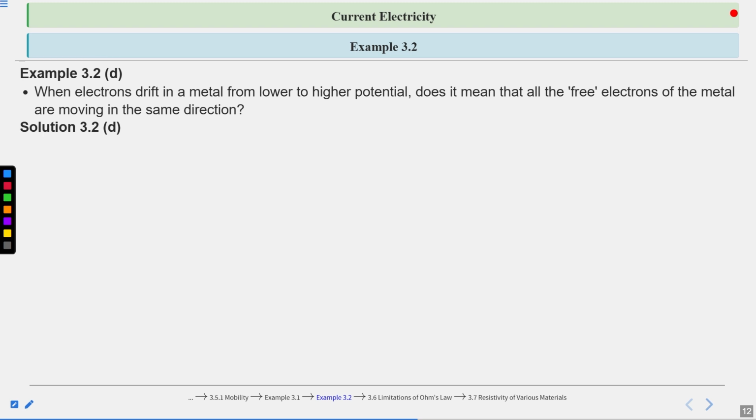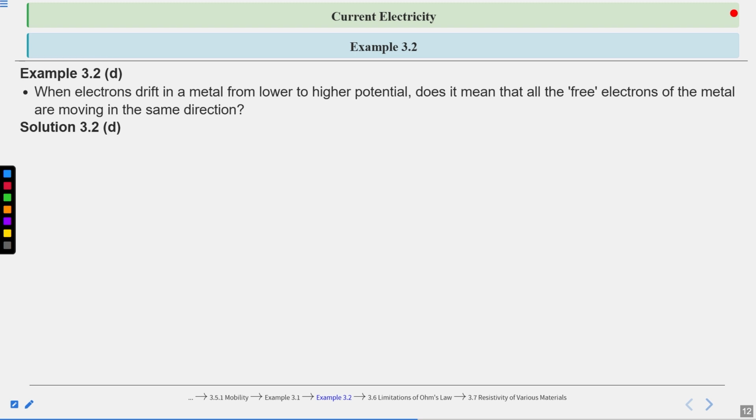So the drift speed will not cancel the thermal speeds exactly. It will only give the electron a specific direction to move, but thermal speeds are still there. The drift speed only overcomes the effect of thermal speeds, but does not completely cancel it.